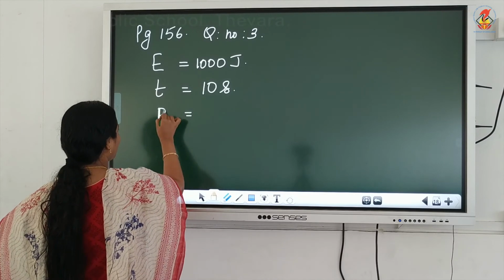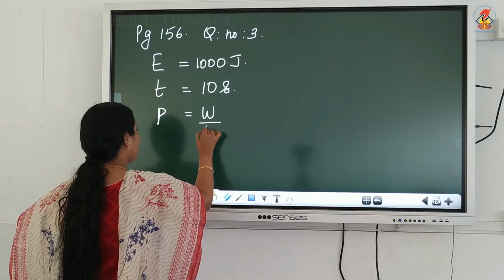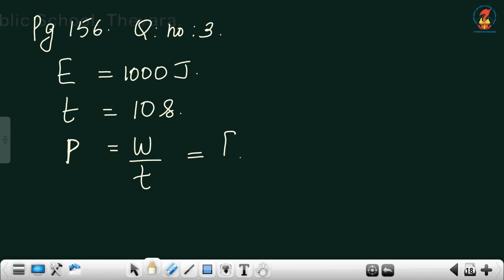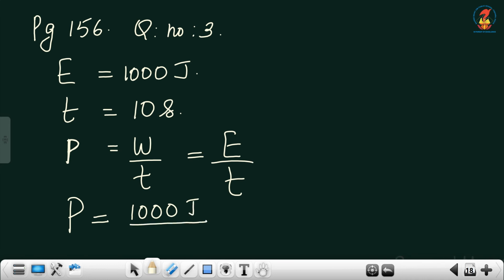The formula to find power is W by T, which is also equal to E by T, and we know that power is equal to, it is given E is 1000 joules. So, power is 1000 joules by time, which is given as 10 seconds.